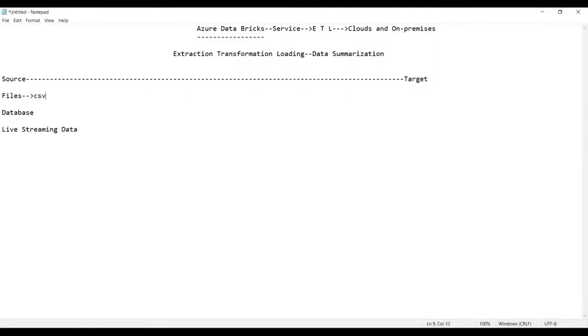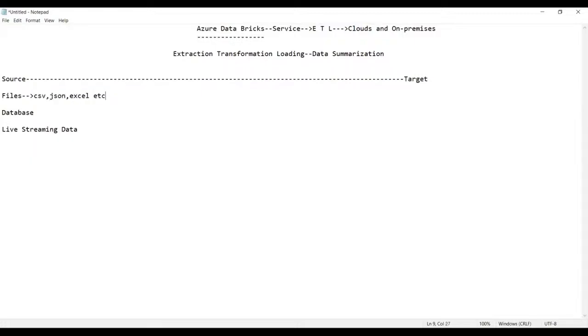We can have CSV files, JSON files, and then Excel files, etc. These are the various types of files we have.